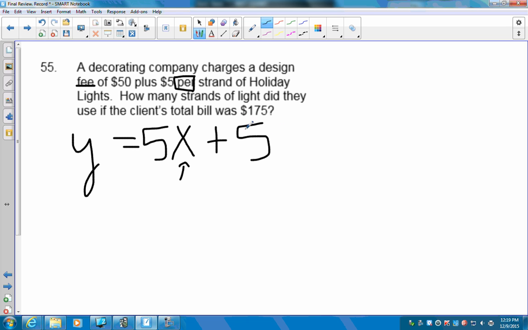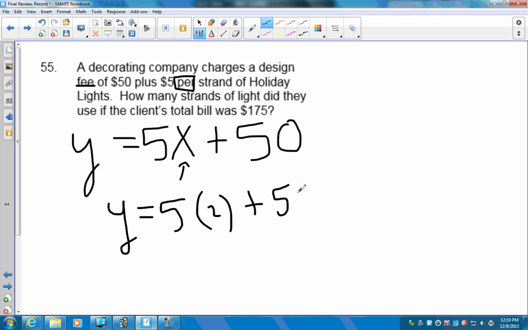After that's all said and done, the y is going to give us the total cost. So for example, y equals 5 times 2 plus 50, say I had 2 strands. So then my total cost would be 5 times 2 is 10, and 10 plus 50 is 60. So then my total cost would be $60.